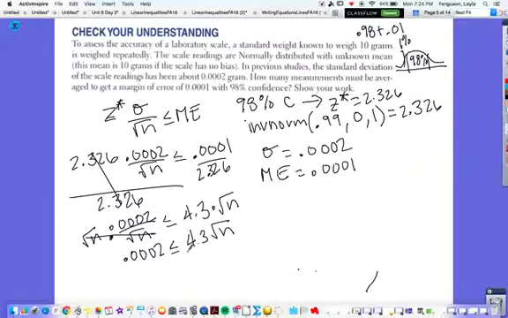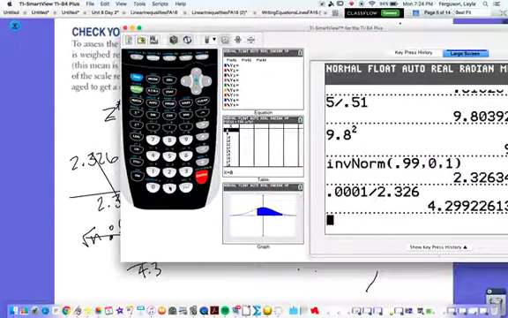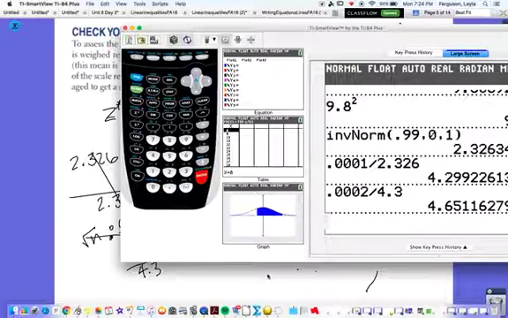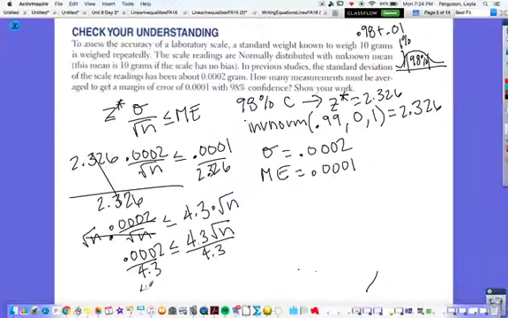Now I'm going to get the square root of n to be by itself by dividing by 4.3. So 0.0002 divided by 4.3, so 4.65 less than or equal to square root of n. Square both sides.